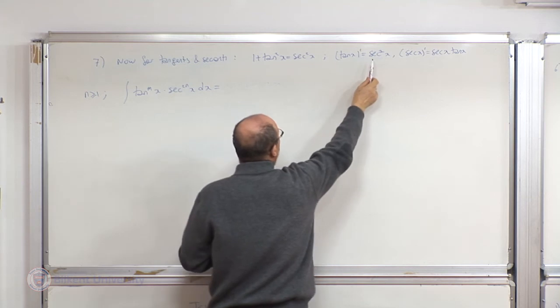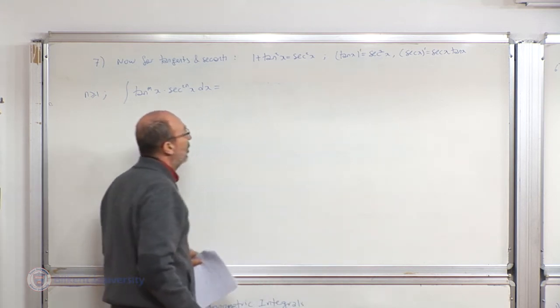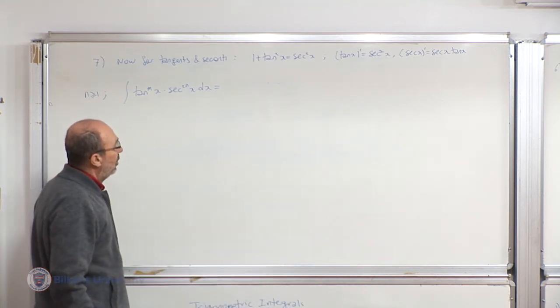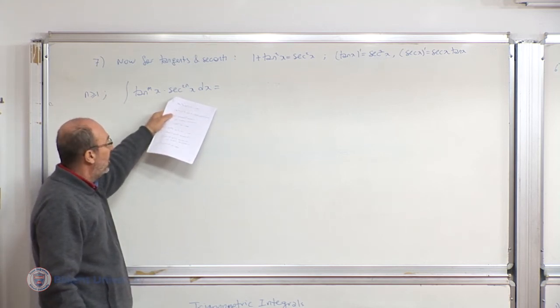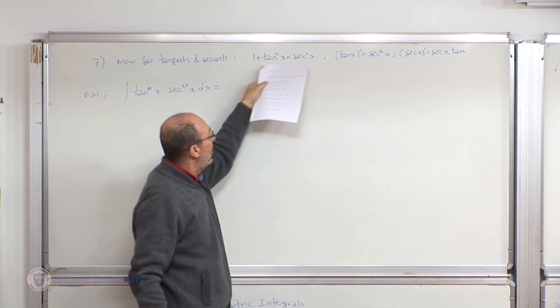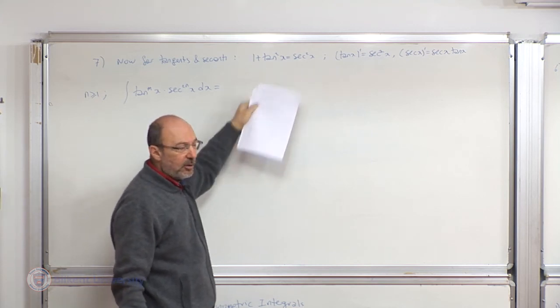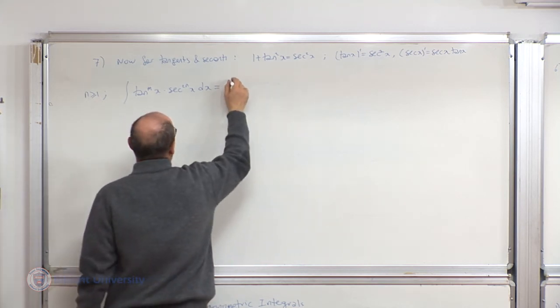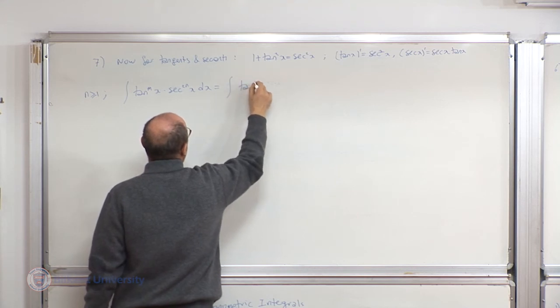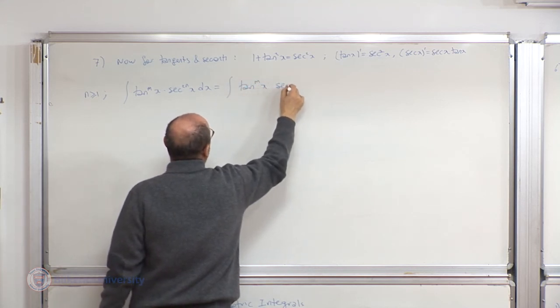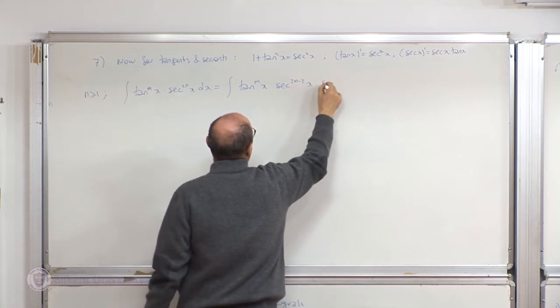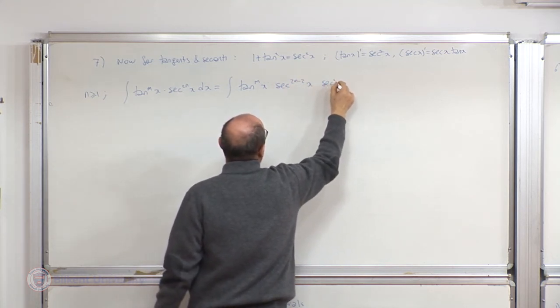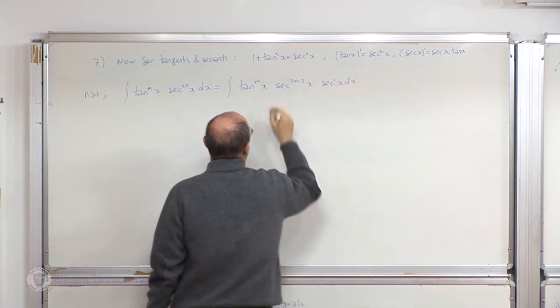So here we notice this one. Secant square, one of these squares is going to be derivative of the other, and the other squares can be written in terms of tangent. Okay, so that's what we will exploit. So this is going to be tangent mx secant 2n minus 2 x secant square x dx.